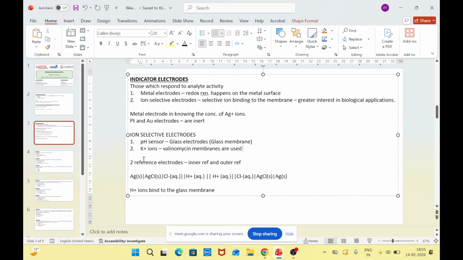Those kinds of techniques are called amperometric techniques. So what we need to understand here is that in potentiometry, you basically measure the potential difference between the electrodes. In case of amperometry, you measure the current by keeping the cell potential constant.